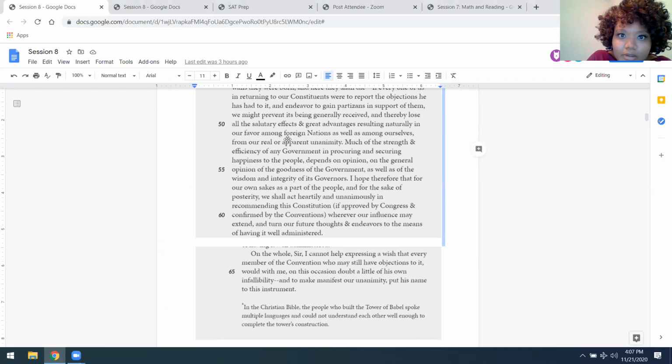50 starts here. Nations, foreign nations, as well as among ourselves, from our real or apparent unanimity. Much of the strength and efficiency of any government in procuring and securing happiness to the people depends on opinion, on the general opinion of the goodness of the government, as well as wisdom. So I'm going past what you told me.